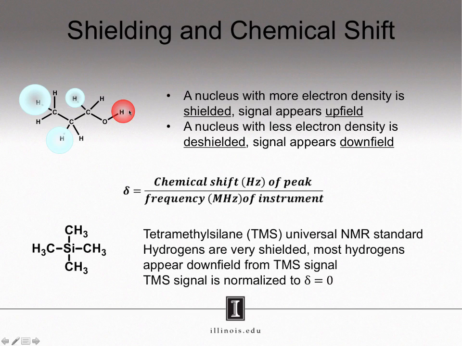Tetramethylsilane, or TMS for short, is used as a universal NMR standard. The hydrogen atoms in TMS are very shielded. As a result, most proton signals in an NMR spectrum will appear downfield of TMS. So what we do to make NMR spectroscopy analysis easier is we make the signals in TMS equal to 0, and then compare everything to that. If you see an NMR signal at 1 ppm, that means that signal is 1 ppm downfield of TMS.